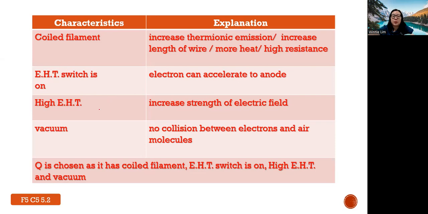Then the EHT should be high. We don't write the number, we just describe high or low, to increase the strength of the electric field. And the tube should be vacuum. Why? No collision between electrons and air molecules. So lastly, you say Q is chosen as it has a coil filament, the EHT switch is on, the EHT is high, and it is vacuum. So this is how you give the answer.